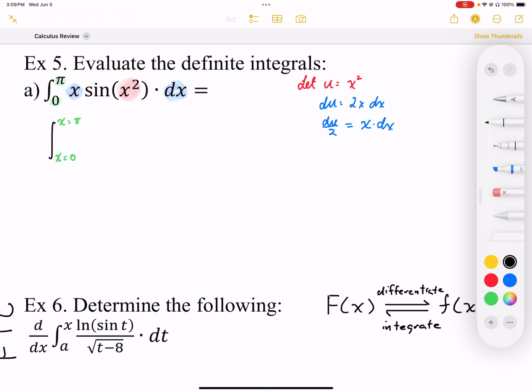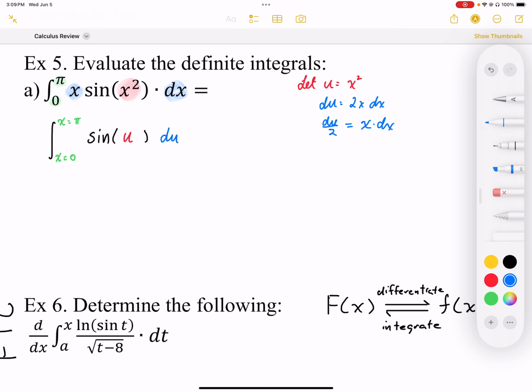Then I could rewrite my integral in terms of u and not have a conflict between the variable of my bounds and the variable of my integral. Okay, so then I have to replace the x dx with a du. So I'm going to do du over 2, but that over 2 I'm going to put on the outside because I don't want that to mess up my integration.